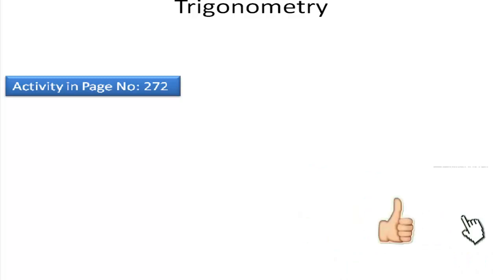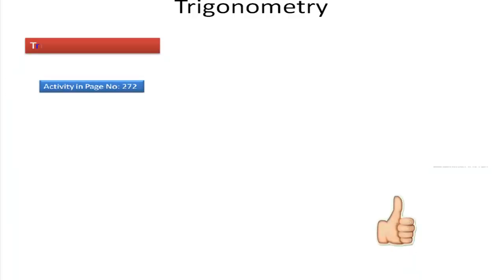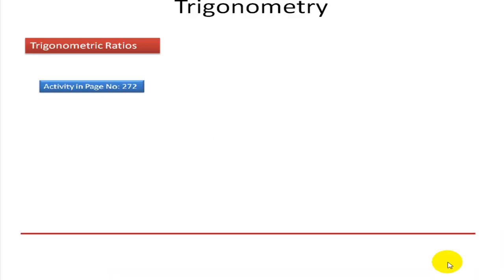Activity in page number 272. Let us know about the trigonometric ratios and how they are defined. Draw a horizontal line on a paper.